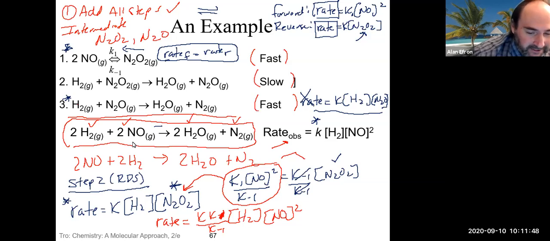So if we put what I circled here into the rate law, what we get is basically K times K1 divided by K to the minus 1 times H2 times the NO squared concentration.